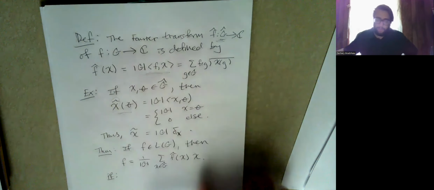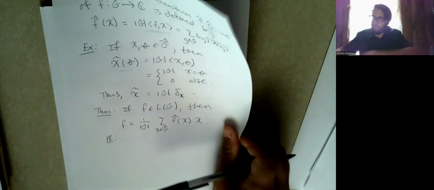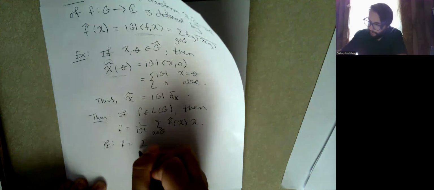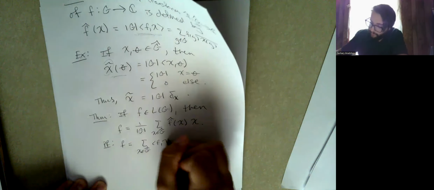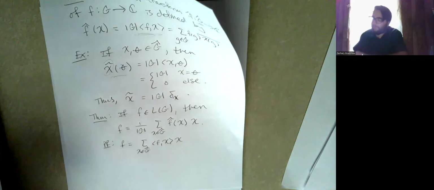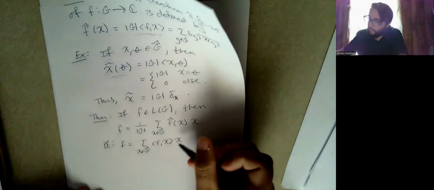So the proof is not hard. It's a little computation. f is the sum over chi in the dual group, inner product of f with chi times chi. Right? Why is this?